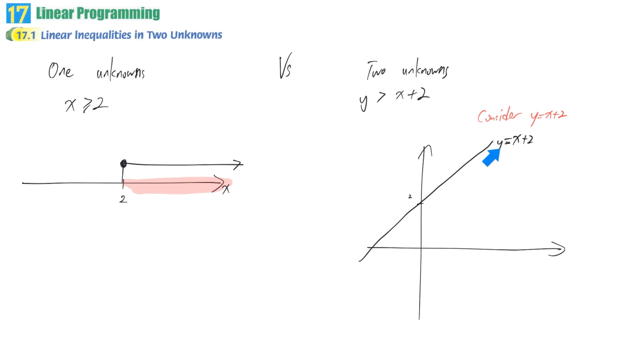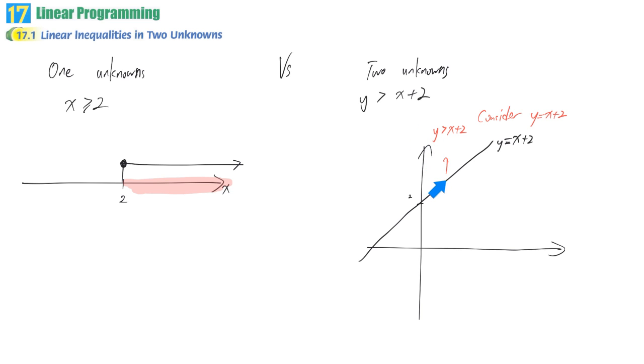Now we are finding any points where the height is larger than x plus 2. So this is the equal case. Any point higher, that means bigger y, is here. So this region is the region of y larger than x plus 2. Any point xy here has a y coordinate larger than our boundary.